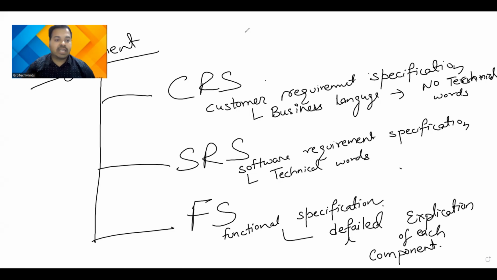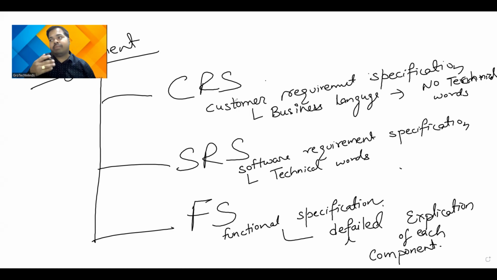So the overall idea is that whenever customers give a requirement, it can be in the form of CRS, SRS, or FS. CRS will have fewer technical words, which might not be easy for my developers and testers to understand.